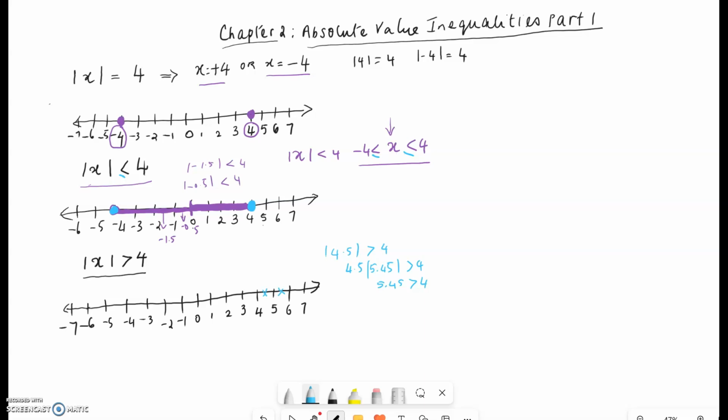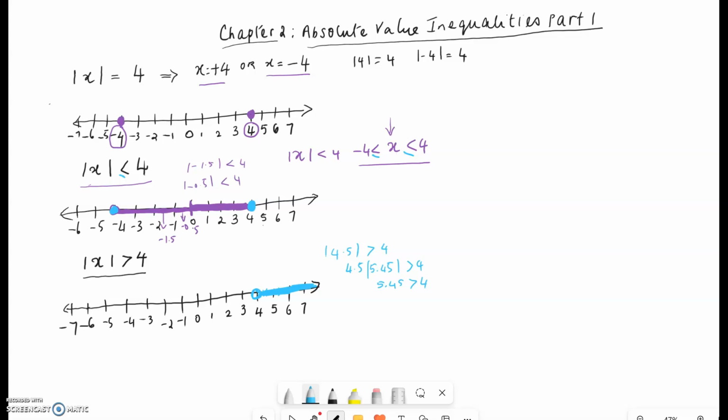So any number that is to the right of 4 is going to satisfy this inequality, because the absolute value of any number to the right of 4 in this blue region satisfies this inequality.